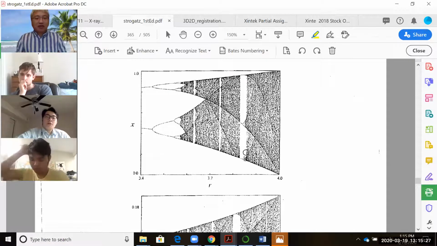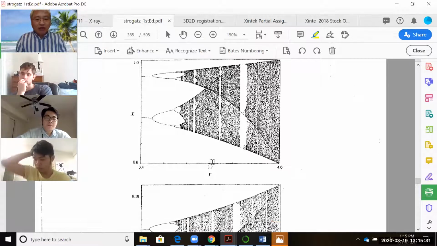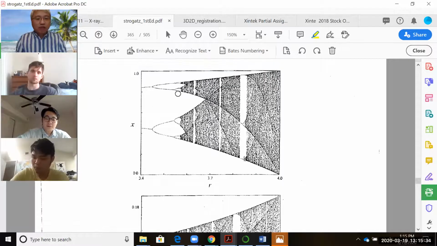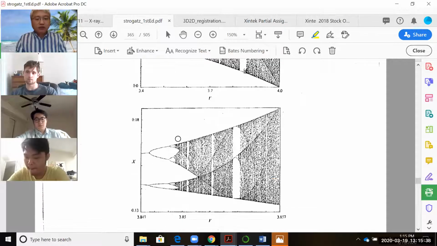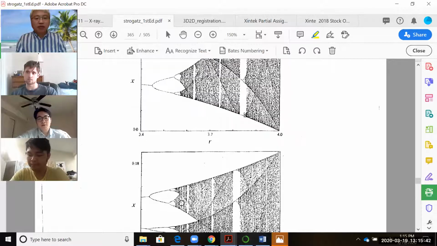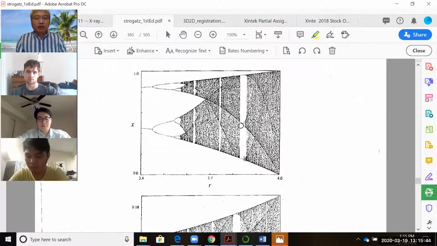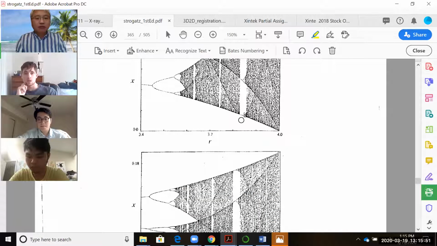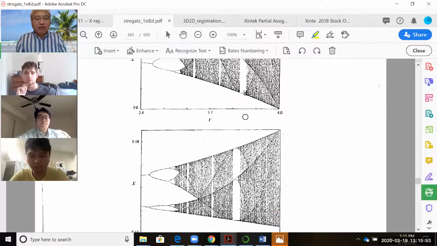In fact, if you blow up this region, you find its behavior looks qualitatively exactly the same.